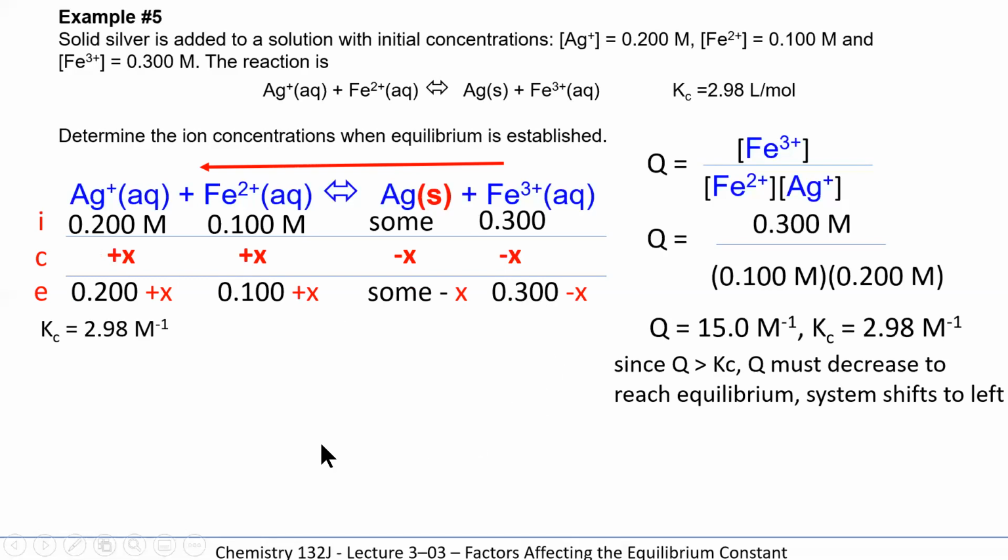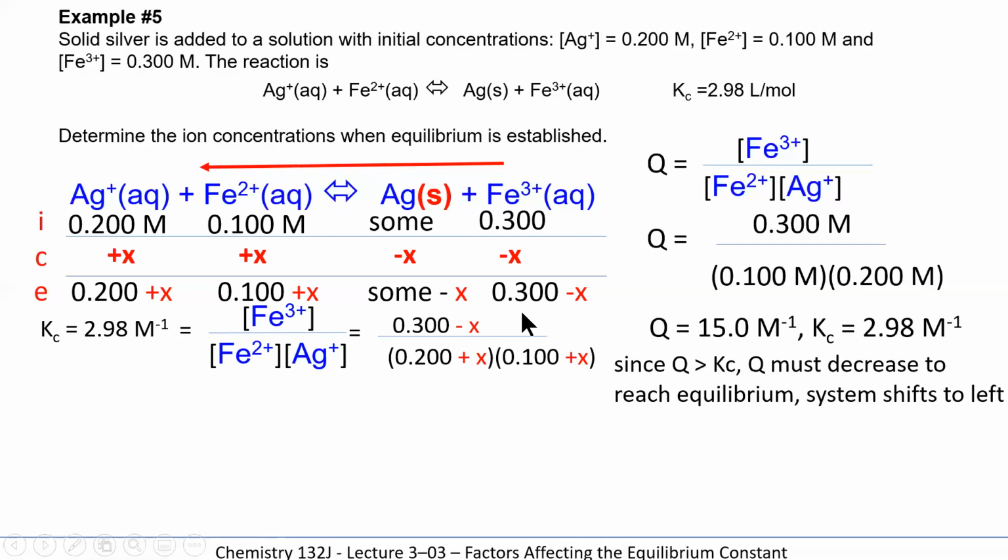So can we solve for X? Well, we do know Kc, and we do know Kc is 2.98 molar to the minus 1. Then it's equal to ferric ion divided by ferrous ion divided by silver. And we substitute in the values for ferric ion in the numerator, ferrous ion and silver in the denominator.